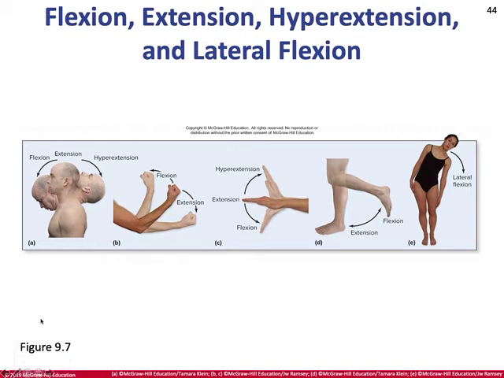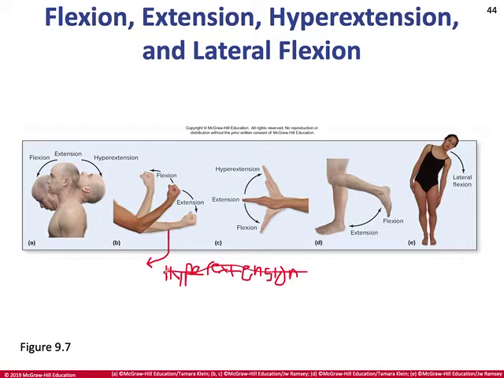Let's draw this. That would be moving your forearm this way, and that's not allowed. So we put hyperextension, not permitted, and we'll put a line through it.